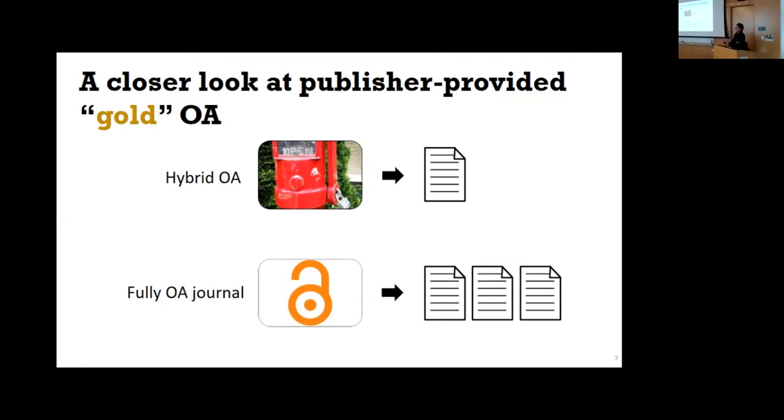And we even had a couple years ago a visit from a large publisher that I won't name, but basically they said to us when we asked about this practice of double dipping, as we call it, well, you know, we could discount your subscription fees, but in fact, you're giving us so much money already, it really doesn't matter. So why bother? So it's a little bit of a misnomer to refer to hybrid open access as some kind of gold standard for open access publishing.